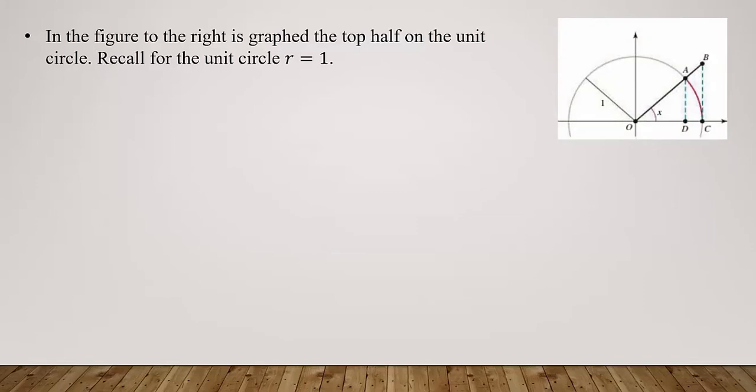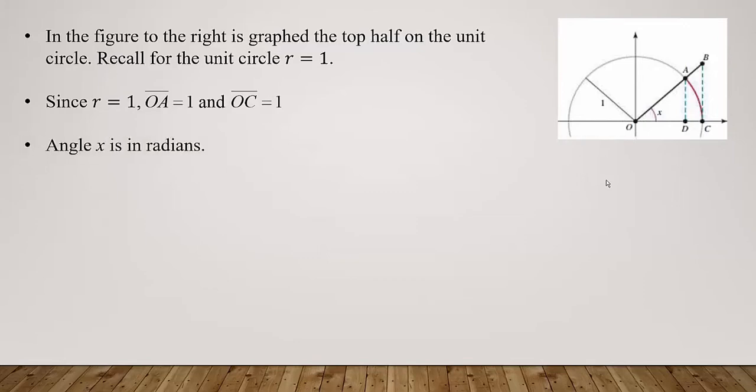Recall for the unit circle, r is equal to 1. Now, folks, since r is equal to 1, line segment OA has a length of 1, and line segment OC also has a length of 1.